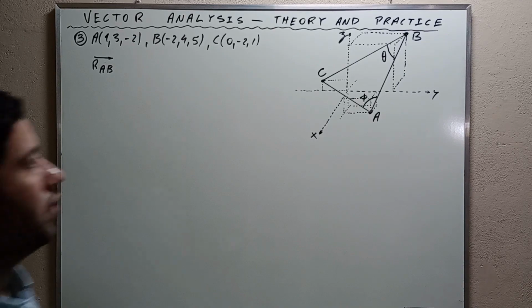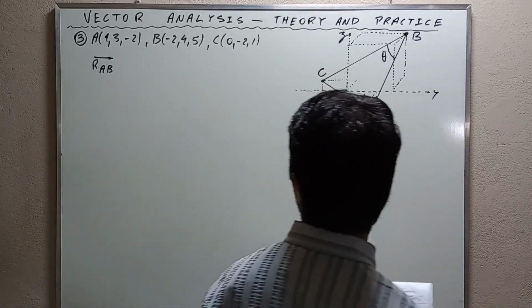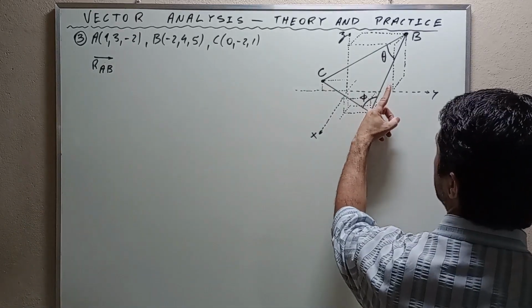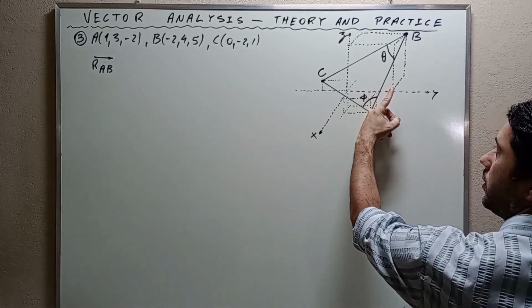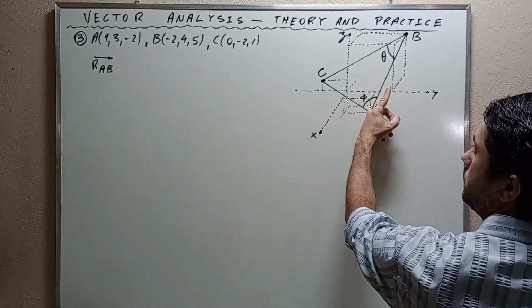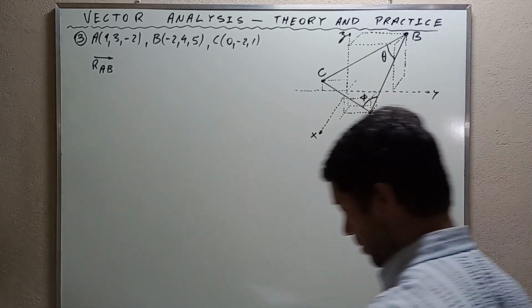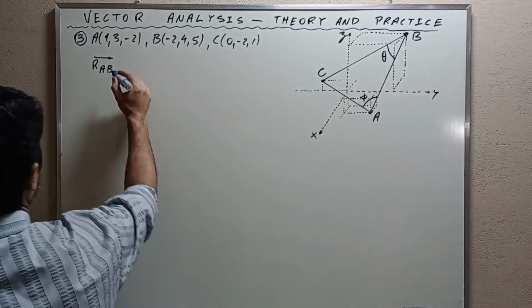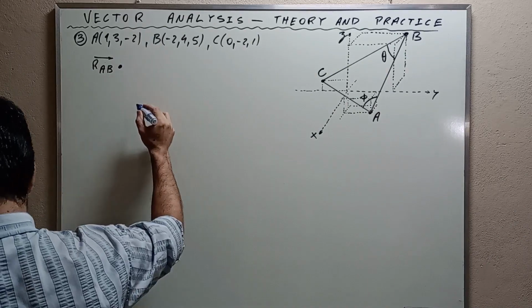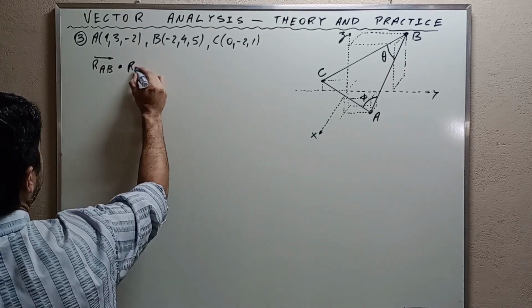RAB is the vector pointing in this direction here, from A to B, and a dot product with RAC.